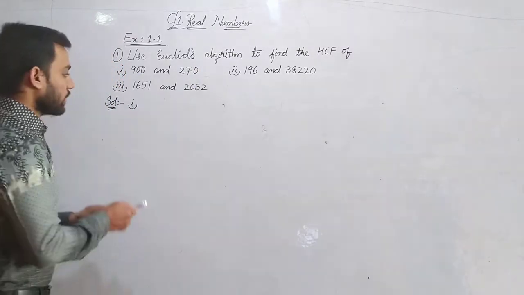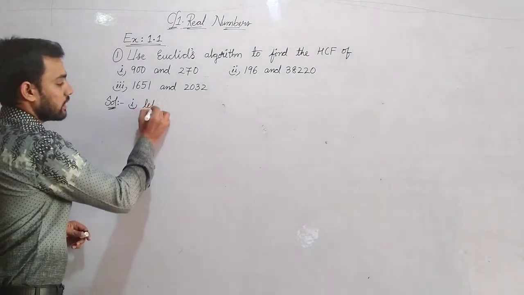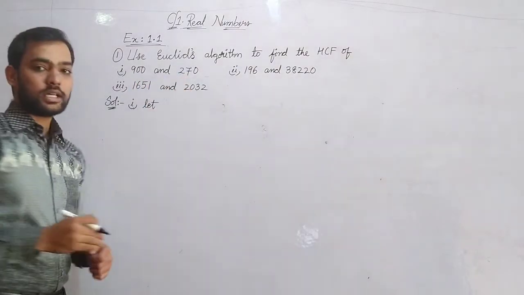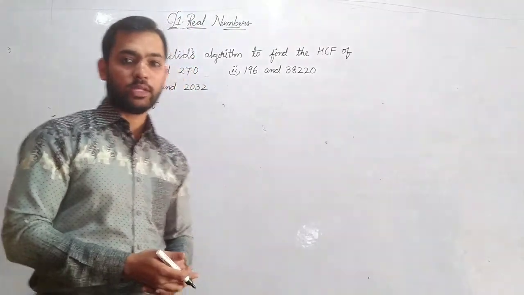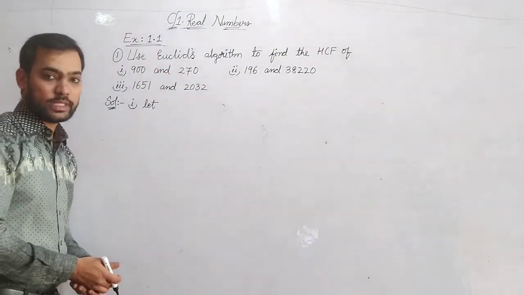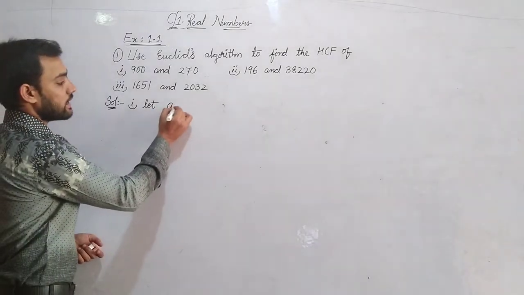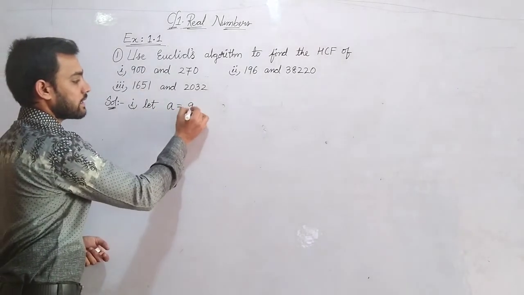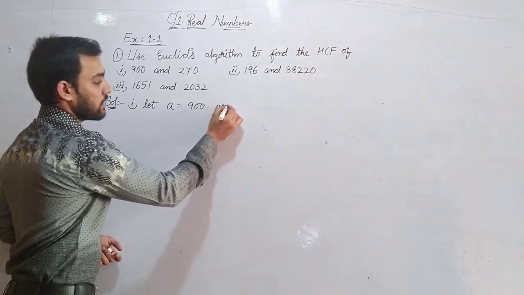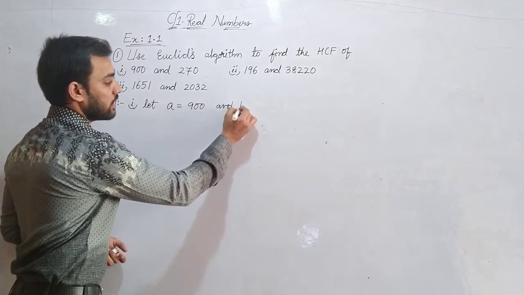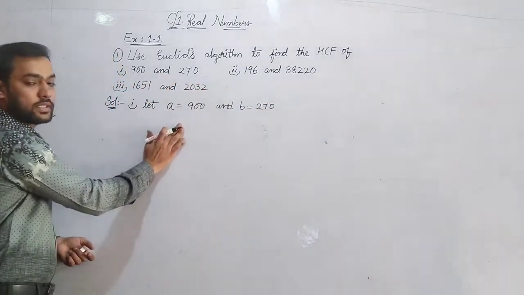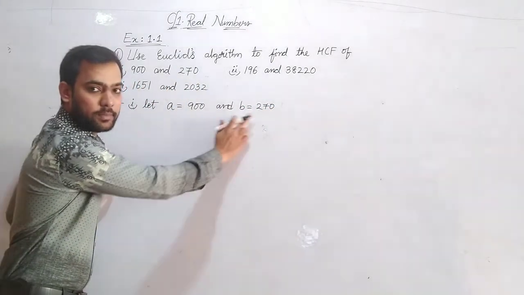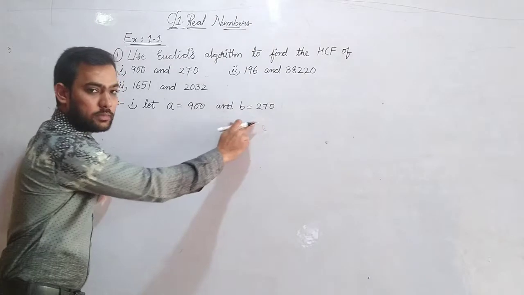Among these two numbers, the bigger number is the A value and the smaller number is the B value that you substitute in Euclid's algorithm. So let A is equal to the bigger number, that is 900, and B is our smaller number, that is 270. This first problem we are doing first. So A is 900, B is 270, bigger number and smaller number.